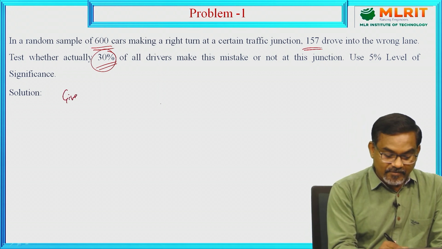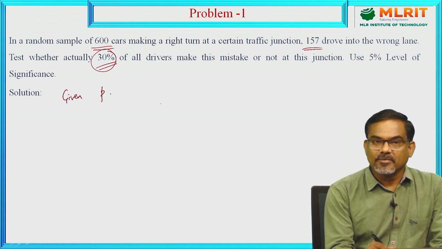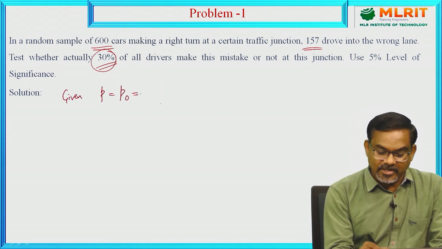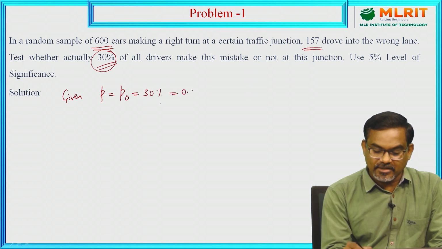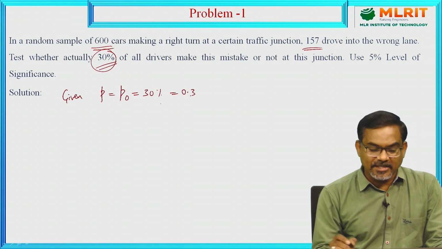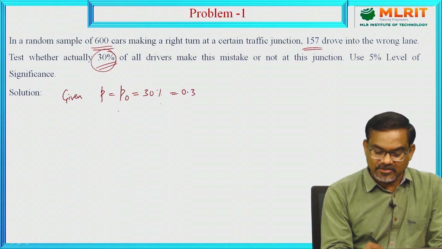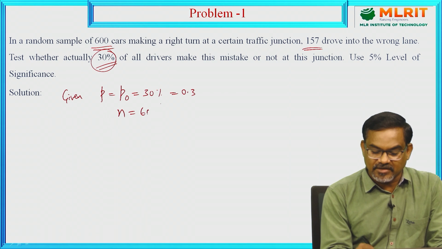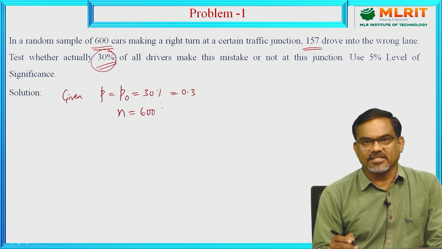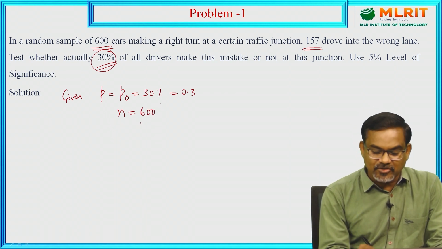So, given proportion of population P equal to P naught is 30%, which means 0.3. And next, in a random sample of 600 cars, the size of the sample n is 600, that is why it comes under large sample. 157 drove into the wrong lane.